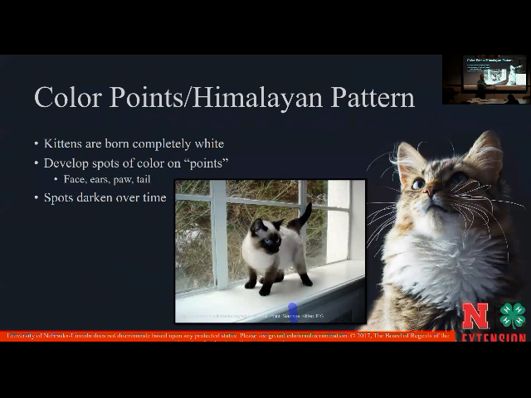Those got darker as he aged. This kitten probably started out a white cat, and the points or coloration got darker over time. There's a variety of factors that can impact this and how these colors change. I don't know if anybody in here has a color point or a Himalayan cat, but there are environmental factors as well as genetics that impact its color.